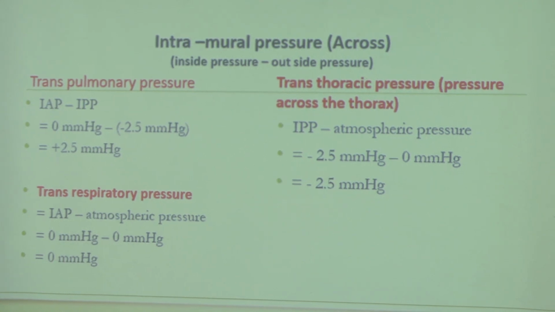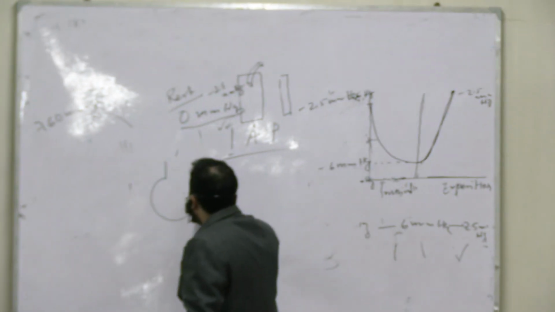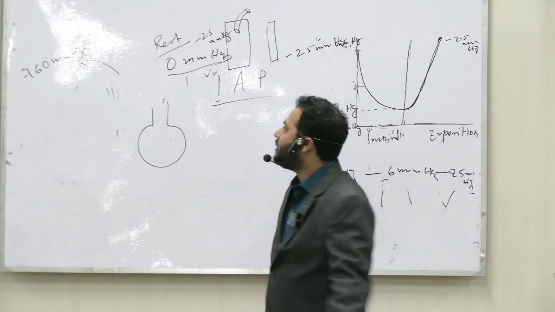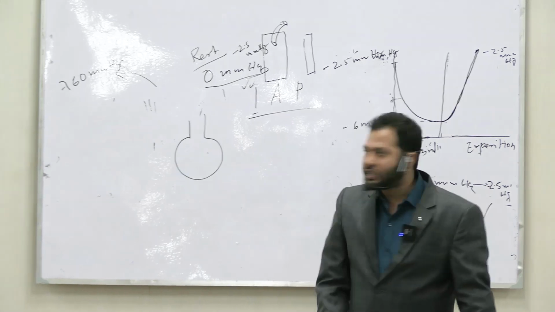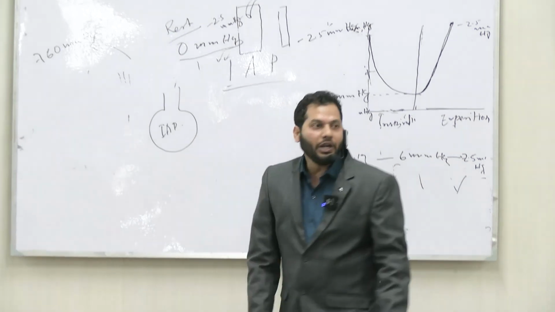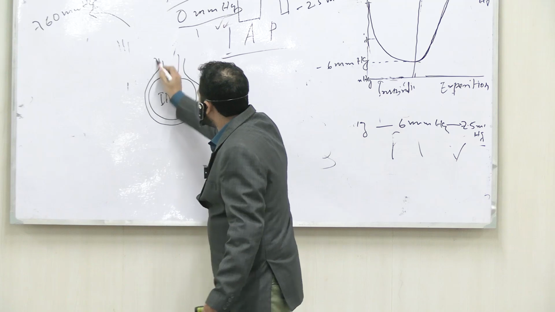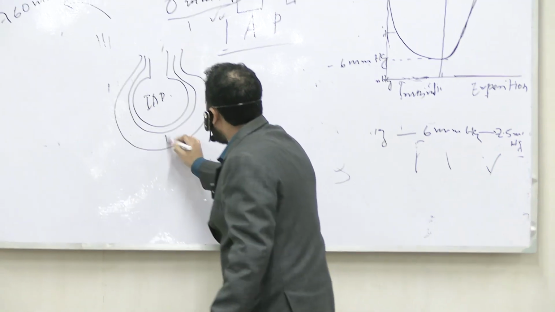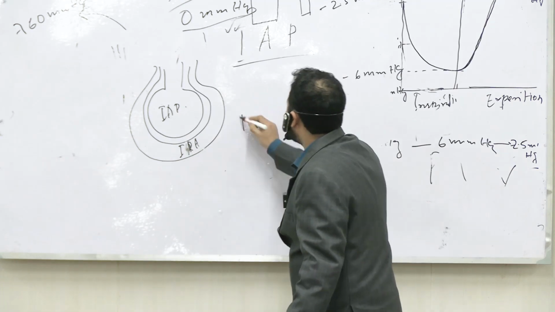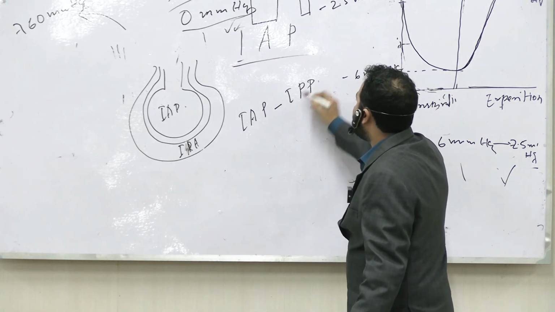Now, let me tell you about transpulmonary pressure. Here, transpulmonary pressure is the pressure difference between intra-alveolar pressure and intrapleural pressure, that is the pressure present in the pleural space. So, intra-alveolar pressure minus intrapleural pressure.